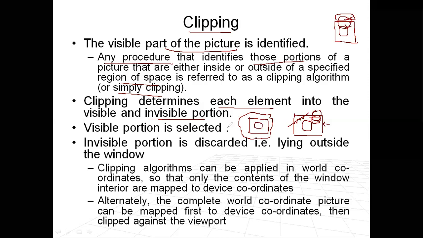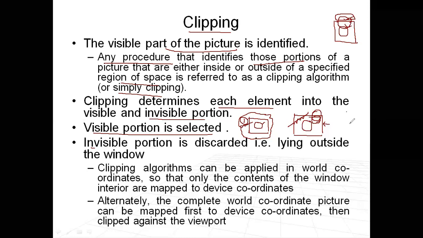The object lying within the viewport will be considered the visible portion, so that has to be selected. Whereas any portion lying outside the viewport will be considered the invisible portion.